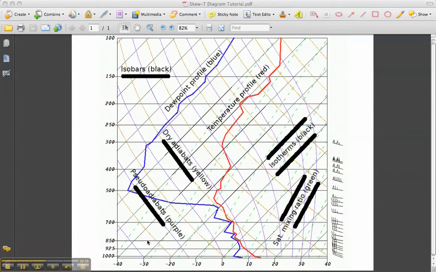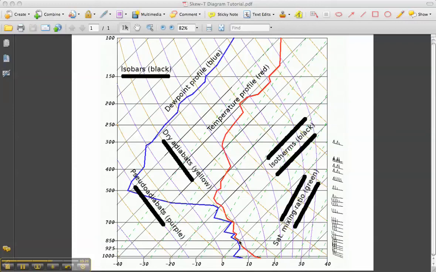So I go to the 850 millibar level and intersect it on the blue line. And again, since we're looking at temperature dew point, I'm going to go down parallel to the nearest isotherm, and I see it's about minus 1 at 850 millibars.